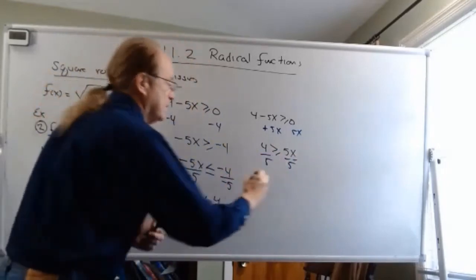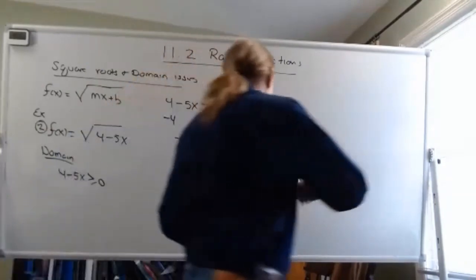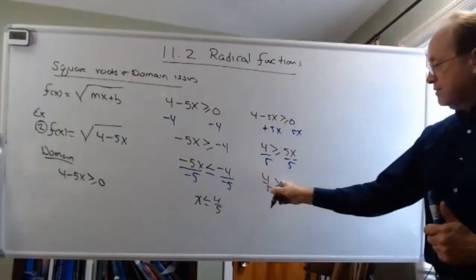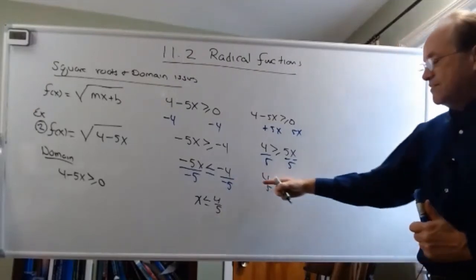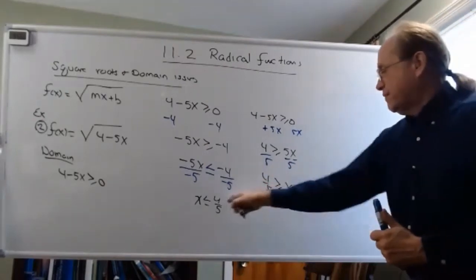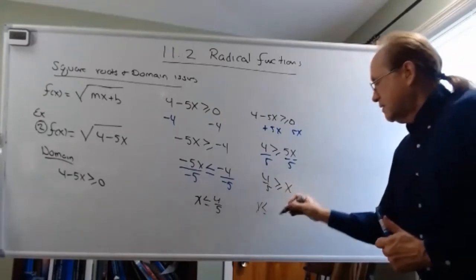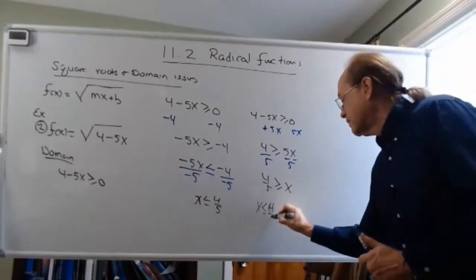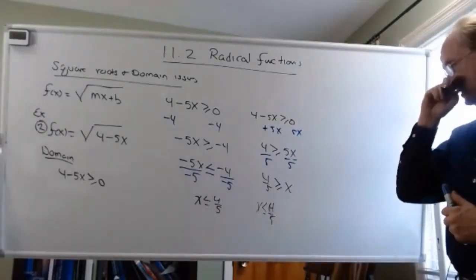And I get 4/5 is greater than or equal to x. But I can read it in reverse order. This is 4/5 is greater than or equal to x, or x is less than or equal to 4/5. So this is equivalent to this definition over here. Keep the same sense, passing to the x to get the same answer. So you just have to be careful when you're solving your inequalities here.